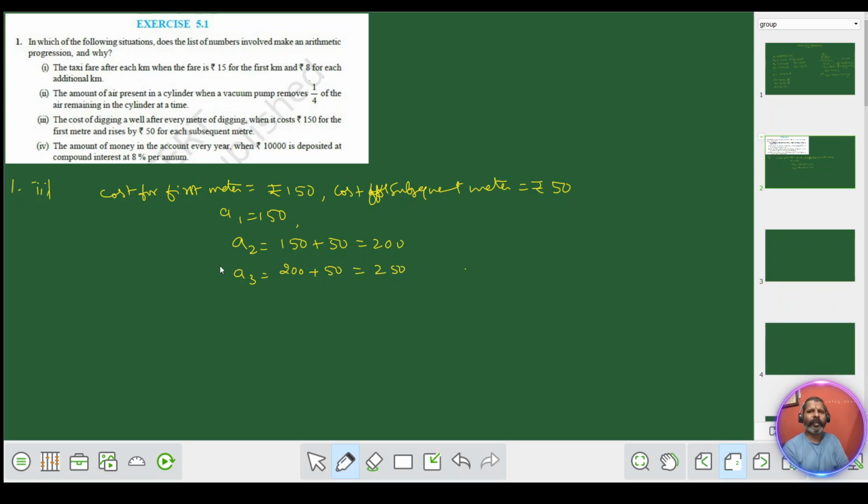This is enough for us to check whether it is in AP or not. Therefore, D is equal to A2 minus A1, which comes to 200 minus 150, it is 50 only.